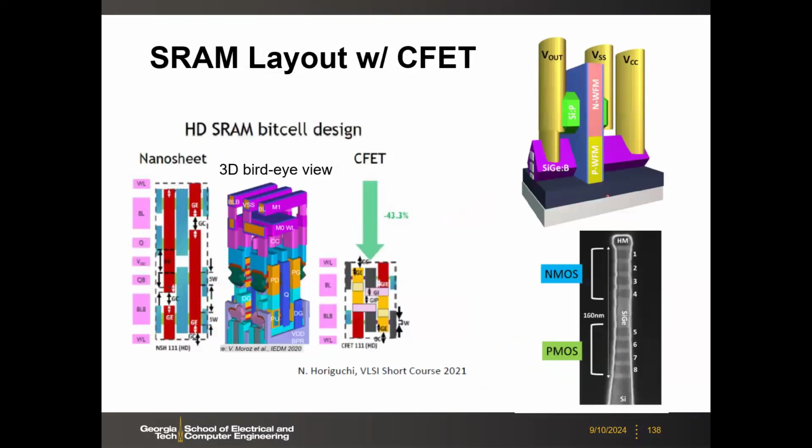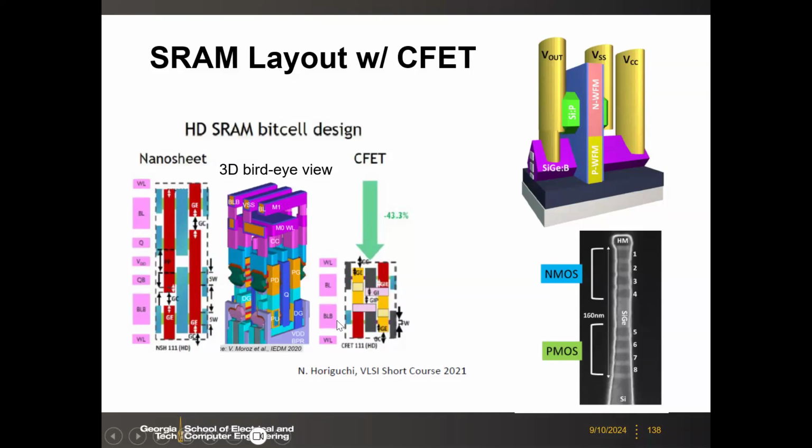So let me show you something. If the CFET becomes available, then that will greatly help with SRAM cell design, because now you can stack the NMOS on top of PMOS or PMOS on top of NMOS. I mean, it's not finalized yet, but the industry prefers NMOS on top of PMOS at this moment.